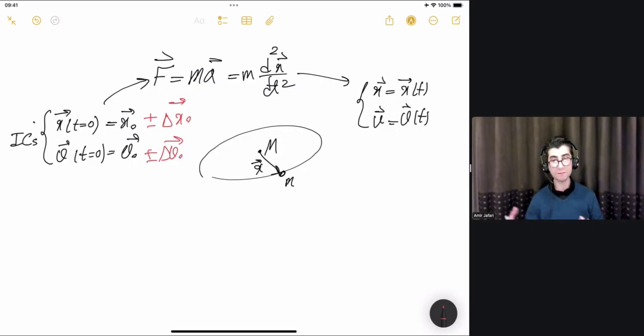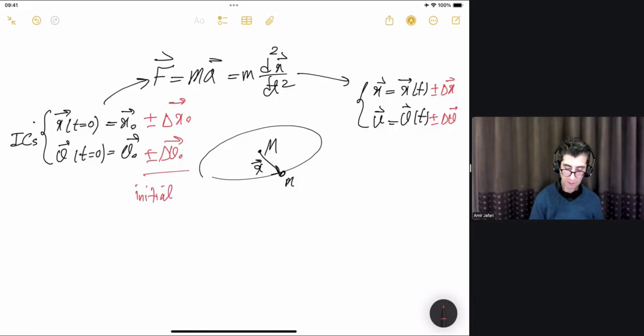You can make them as small as you want, but you cannot take them as 0. So this means that you're going to get some final errors in the velocity and position of the particles. So you have some initial error, okay, and these are your final errors.